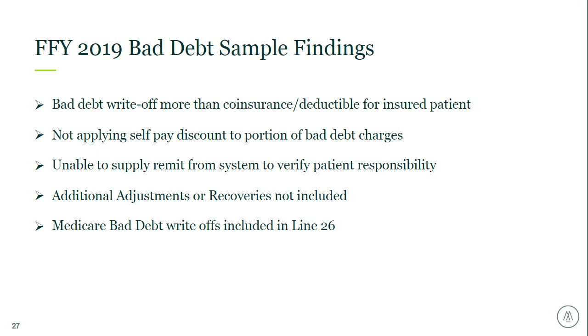Line 26 states to only include write-offs that occurred during the cost reporting period. We've seen a few auditors question why traditional Medicare bad debts aren't being added to line 26 when in reality they aren't written off during the cost reporting period.